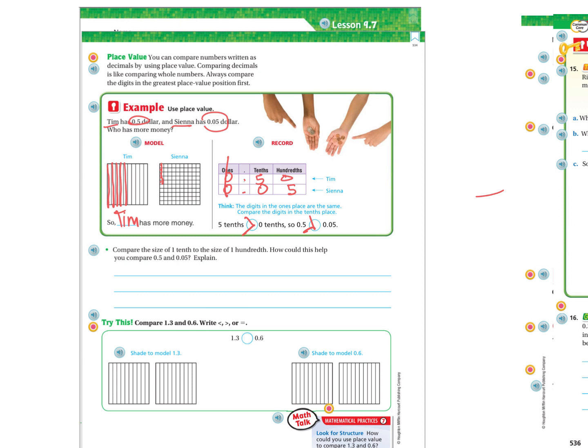So, 1 tenth is like one whole piece, and 1 hundredth is like a tiny square. Yeah, it's like one of those tiny little squares over here. And a tenth is a whole section. Very good. So 1 tenth is one whole side, right?